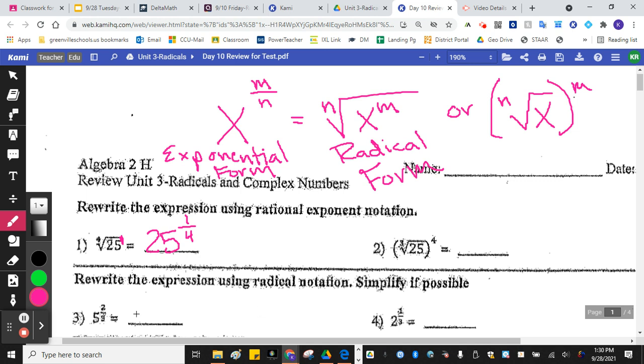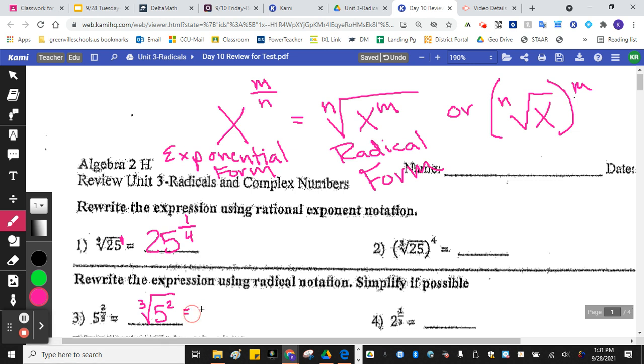And then going opposite, if you're given exponential form to write it as a radical, the top is the power. So this is 5 squared still. And the 3 is your root. So third root of 5 squared. So it's just kind of knowing where to place those numbers. 5 is being squared.